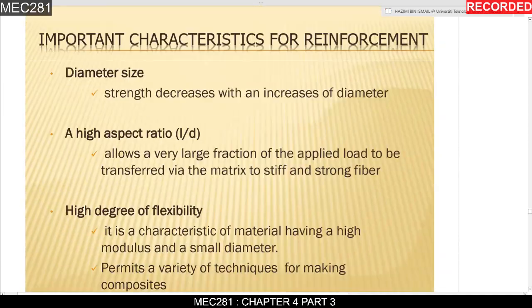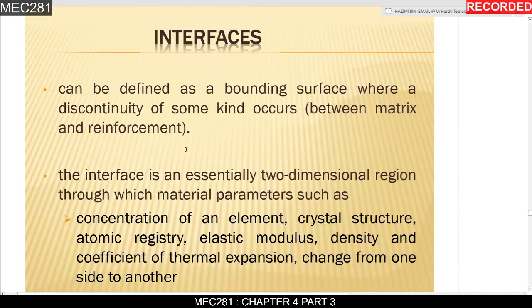Sebab apa dia perlukan tadi? Sebab apa interface dia perlukan? Okay, sebab dia kata where a discontinuity of some kind occurs. Okay, kalau apa-apa yang tak cantik ngam dia, tak bercantum cantik antara matrix dengan reinforcement, so tu tugas interface sebagai orang tengah.